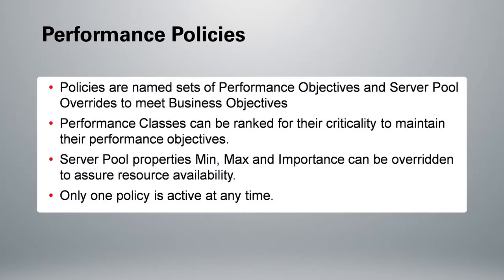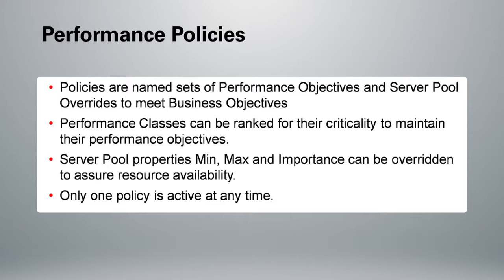It allows you to rank not only the server pools, but the performance classes within the server pools so that you can ensure that your most business critical workloads are served at the expense perhaps of the less business critical ones. You can also set performance objectives that may vary during weekday hours, weekend hours, maintenance periods, so that you can manage the expectations of your customers based upon their workloads and their business needs.